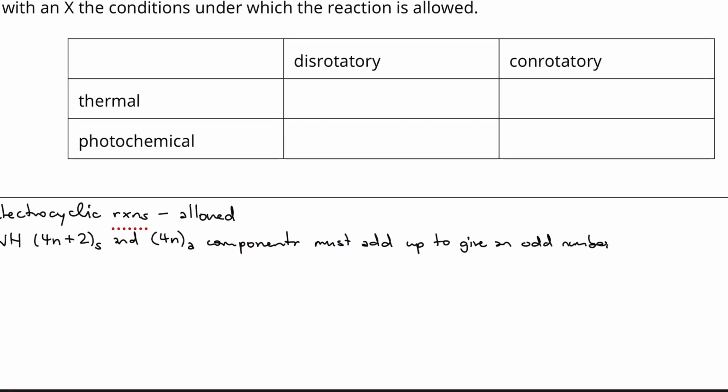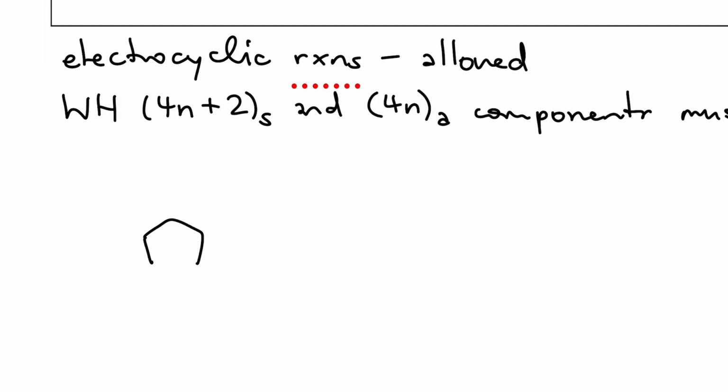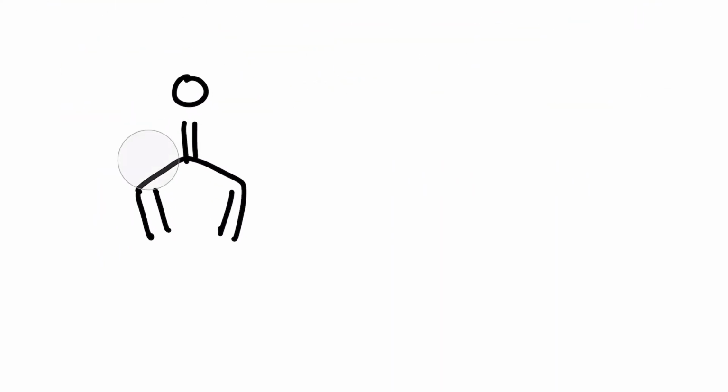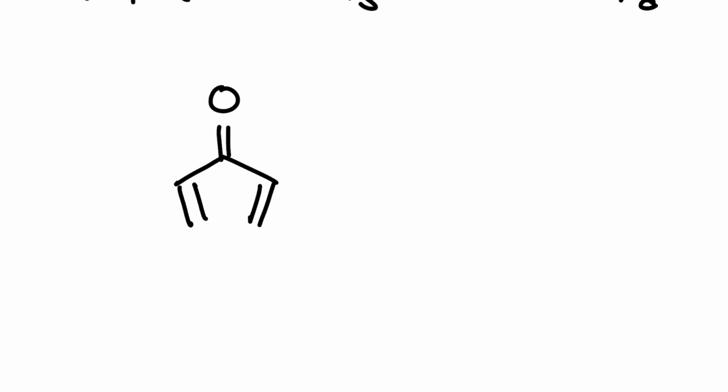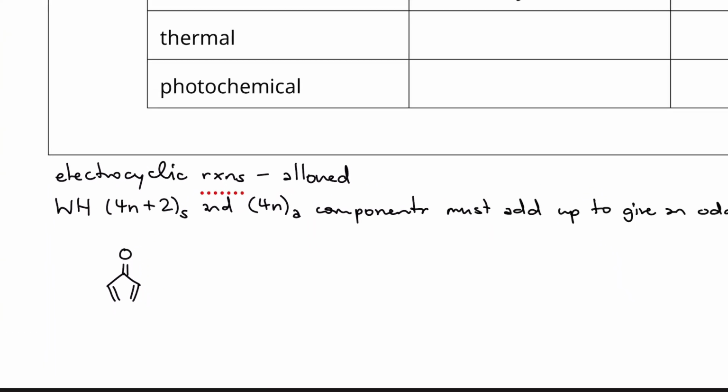So when we consider our divinyl ketone, there's only one component, which is the divinyl ketone itself. We don't have any other pi system that can interact. The only pi system we have here is this compound itself. So it must have an odd number when you add all the components up.